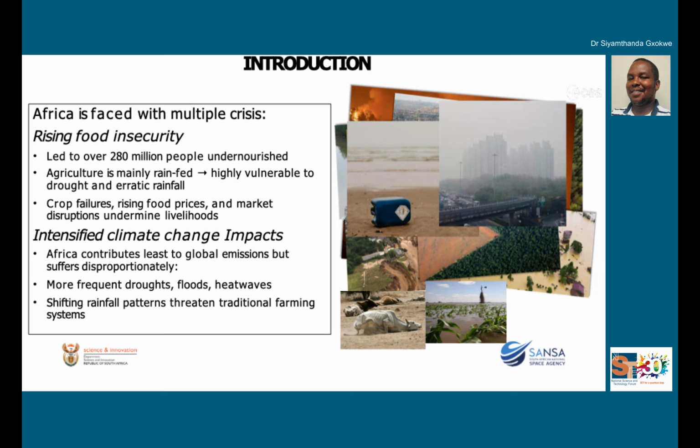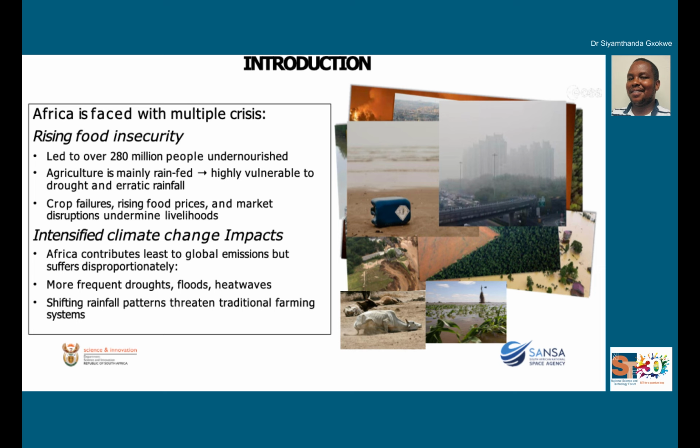In addition to that, we also have challenges that are a result of intensified climate impacts. We know that Africa contributes the least to global emissions, but it suffers disproportionately from them. Some of the impacts are more frequent droughts and floods, as well as heat waves, which cause challenges with regards to food security and environmental impacts.